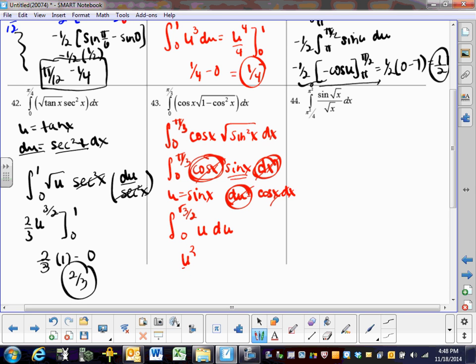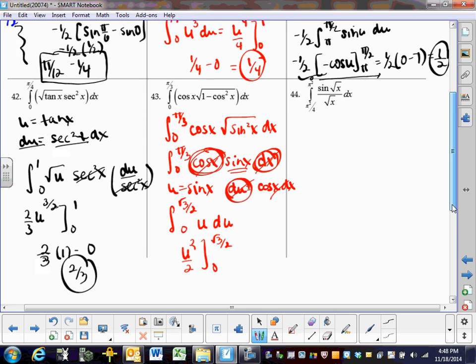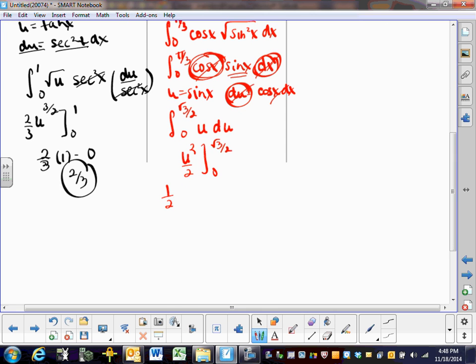So I have u squared over 2 from 0 to root 3 over 2. I'm going to hold the 1/2 to root 3 over 2 squared minus 0 squared. Hold the 1/2. That's 3 over 4. So I get 3 over 8.